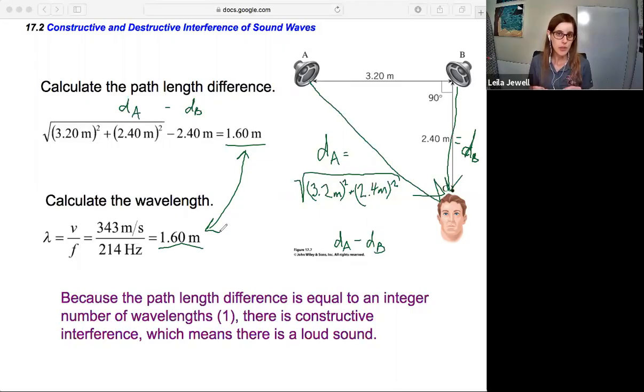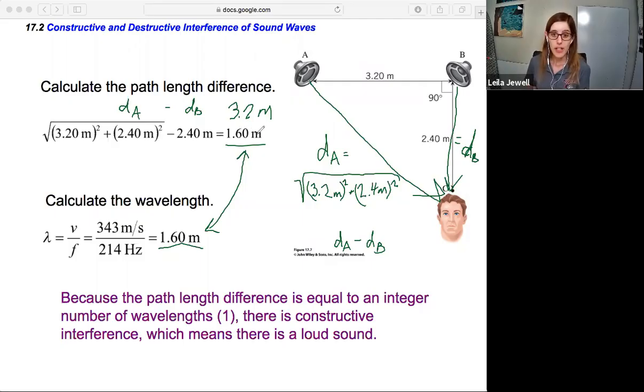Note, this would have worked even if the path length difference was instead 3.2, right? If it was 3.2 meters, then we would need to divide by the 1.6, and we would get out 2 as an answer. So it would be an exactly integer number of wavelengths.